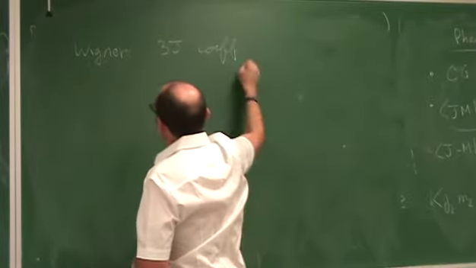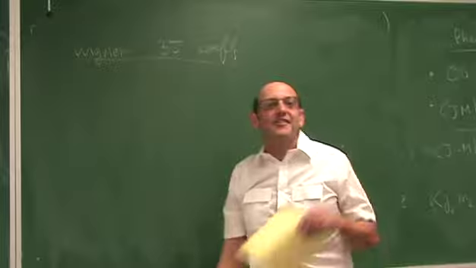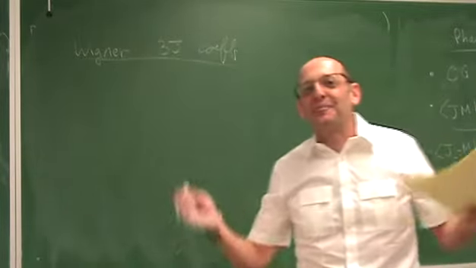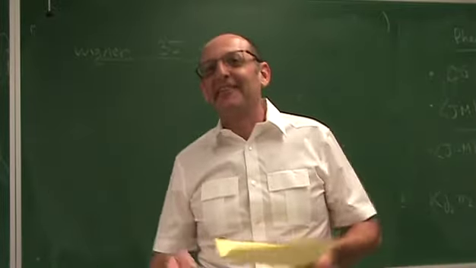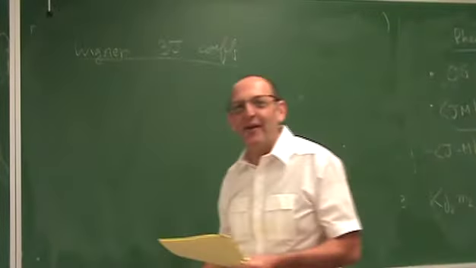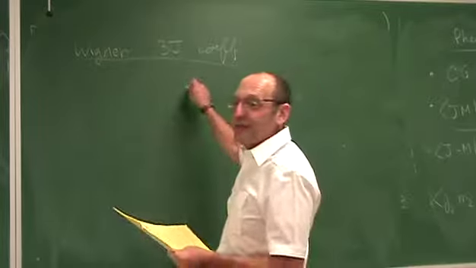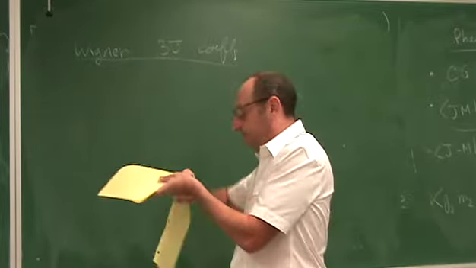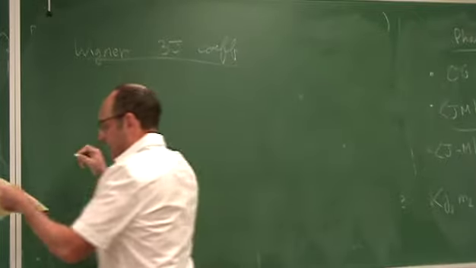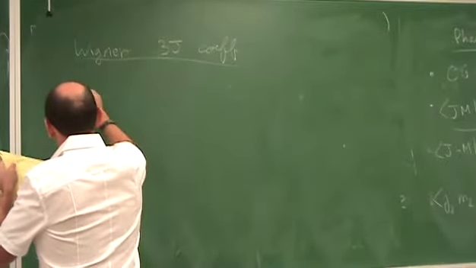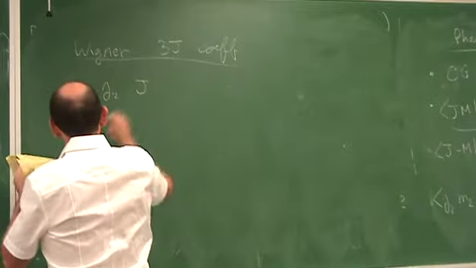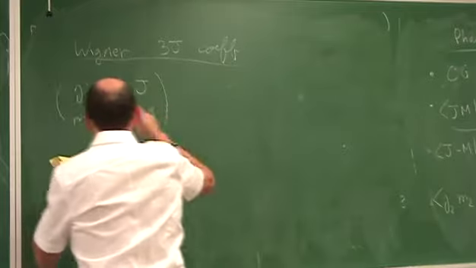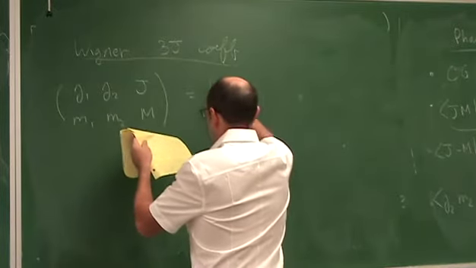We rarely use them anymore because all our computers have some program that can calculate Clebsch-Gordan coefficients, and they don't have to worry about all the phase conventions. But if we want to, we could use the Wigner 3J symbol, which is defined as follows. I have the 3 magnitudes up top, the 3 projections down below, and it's equal to minus 1.